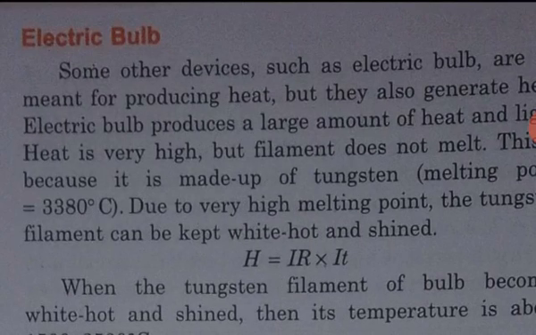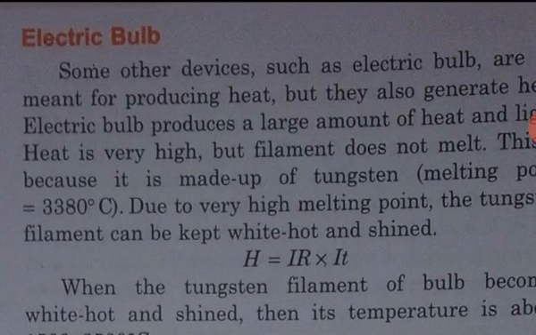Light can be produced by the electric current. When electricity is passed through the resistance wire of the bulb, heat is evolved. Its temperature rises and it begins to glow.